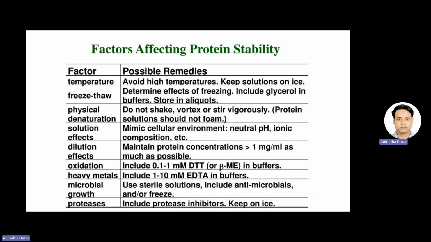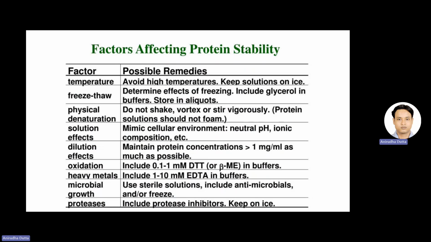So protein also gets denatured because of heavy metal. Okay, so heavy metal has two effects. First, there are so many metalloproteases in cell extraction. To inhibit those metalloproteases, we have to add EDTA.